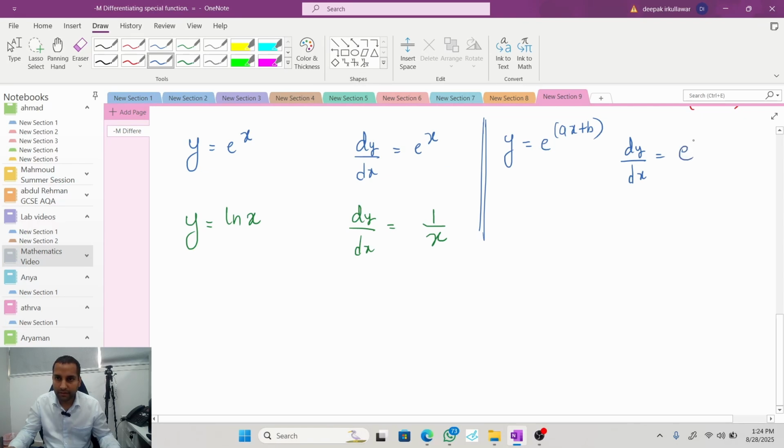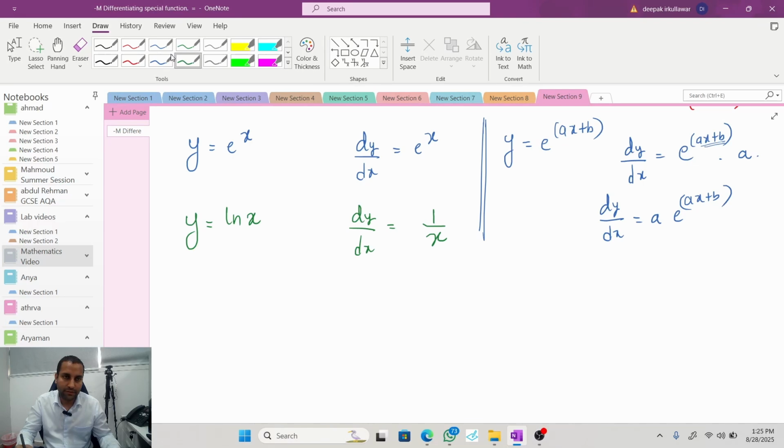So I can write this as e to the power of ax plus b. Now you need to differentiate what is inside, ax plus b. What is the differentiation of ax plus b? It is nothing but a. So you need to write a. So your final answer for dy by dx is a times e to the power of ax plus b.